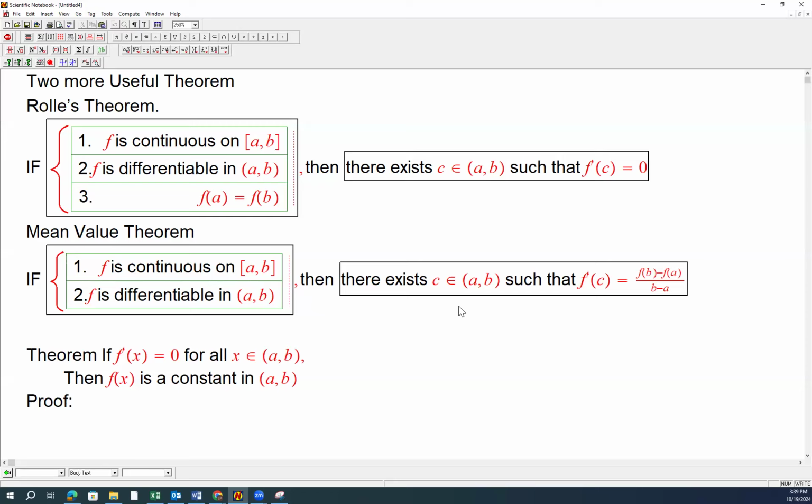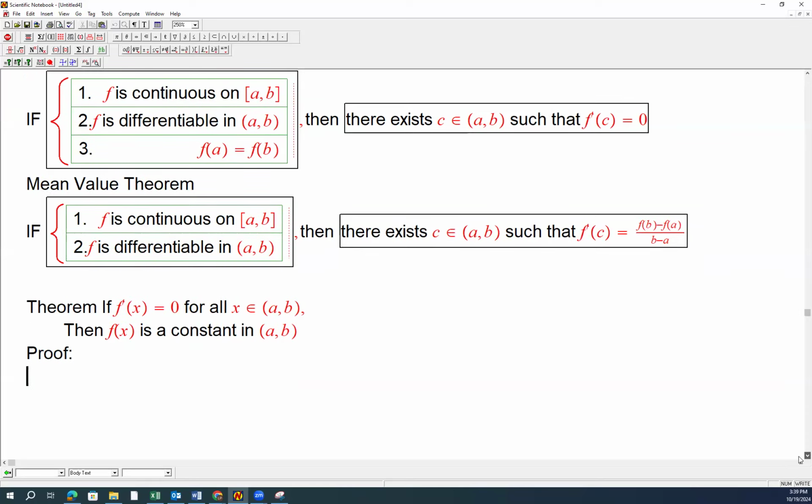So first of all, what does it mean that a function is a constant? A function is a constant means for any input, the output is always the same number. Let me put in a note.